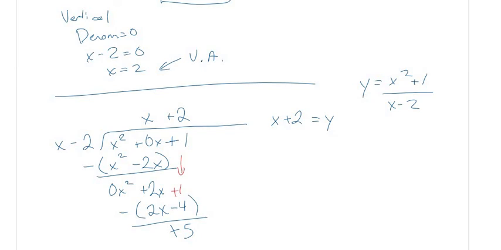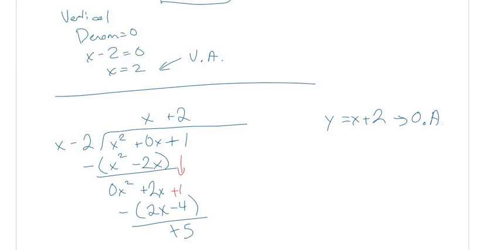All the middle stuff isn't too important to us. We're just looking towards infinity, and towards infinity, what this starts looking like is y equals x plus 2. That's going to be our oblique asymptote.